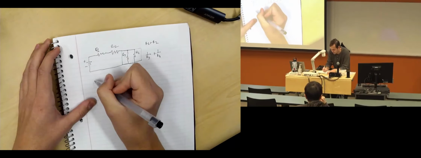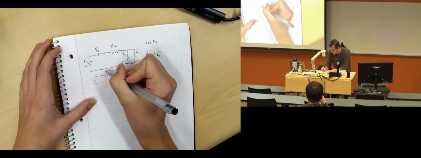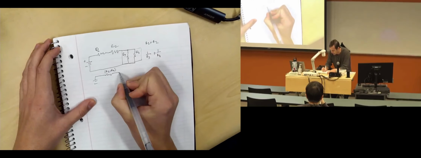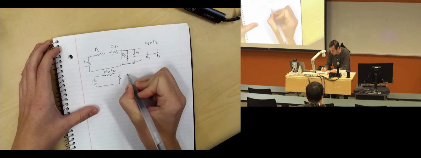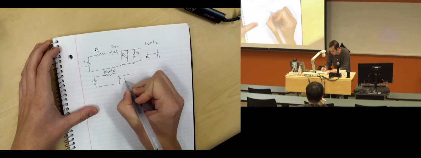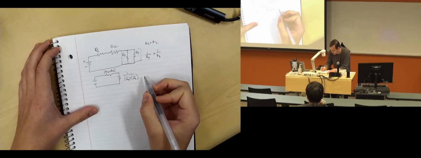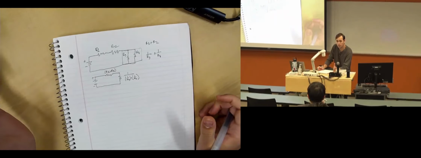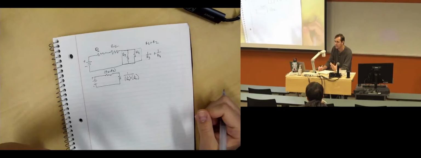So then we can simplify this to be the battery through one resistor that is R1 plus R2 in resistance. And then we also said we can simplify this one to be 1 over R3 plus 1 over R4. And so we have these two resistors. Now that we simplified those two subsections of the circuit a little bit, we can see that these two equivalent resistances are in series.